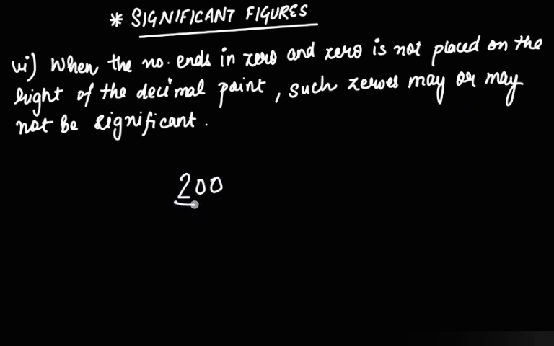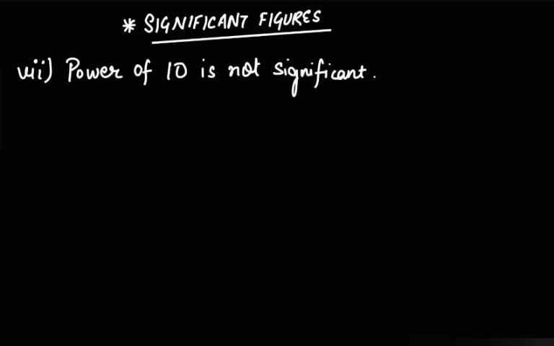Here 2 is a non-zero number, therefore it is significant, but these two zeros are not placed after the decimal point, therefore they are not significant, so there is only one significant figure in this case. Our seventh and last rule is that the power of 10 is not significant. For example, let's say 3 times 10 to the power 8. Here 10 to the power 8 is not a significant figure, therefore only one significant figure is here, that is 3.